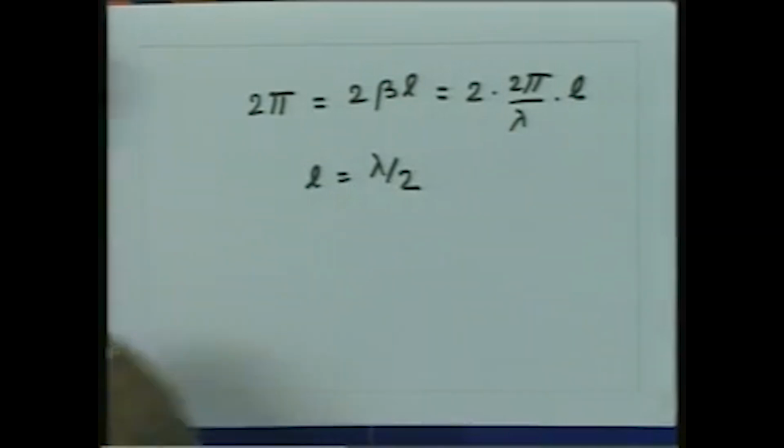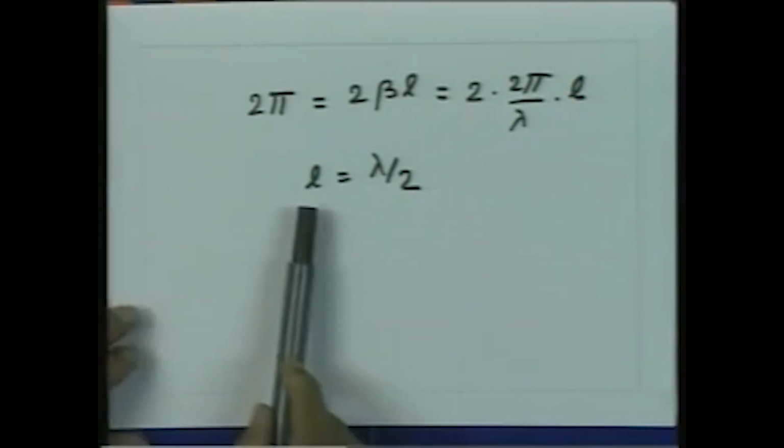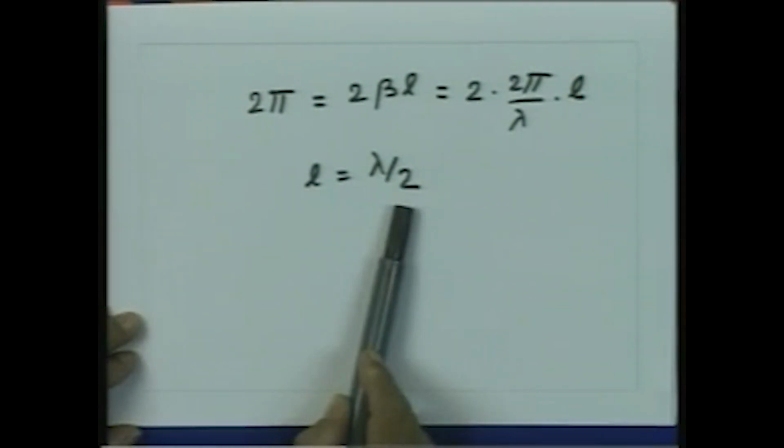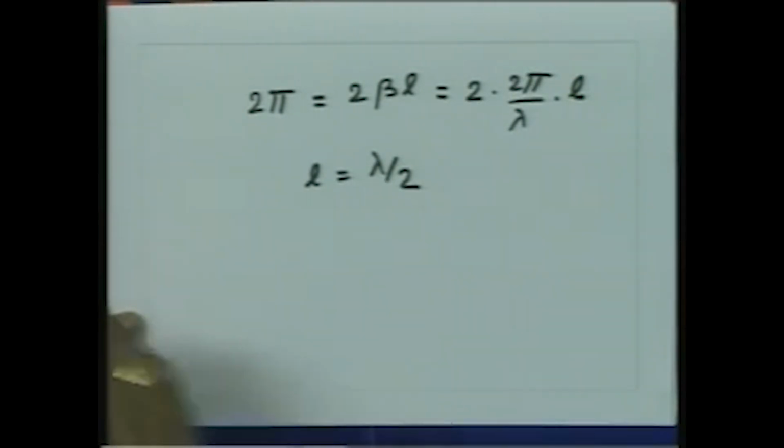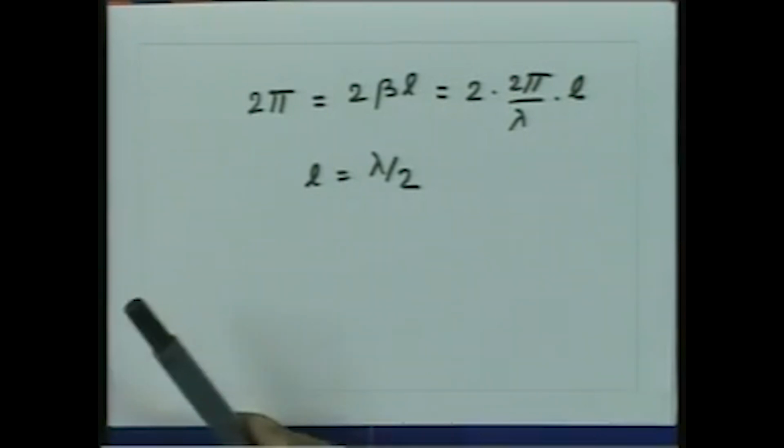That means one full rotation on the Smith chart, or the constant VSWR circle, corresponds to a distance of λ/2. That means if I move by a distance of λ/2 on the constant VSWR circle, I reach the same point.